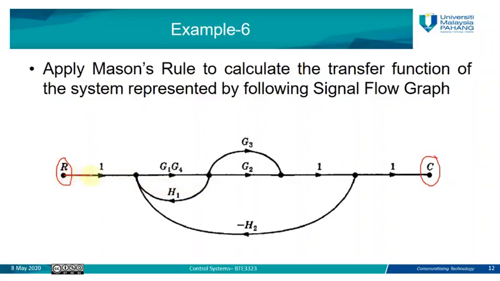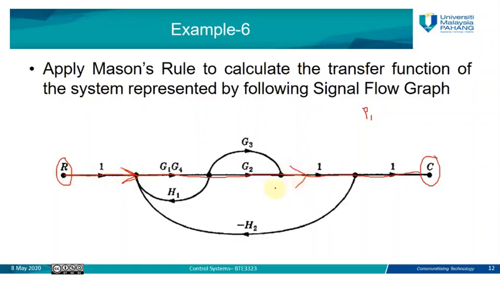This is the first forward path: it goes through this point until this node, again forward, forward, until we reach C. So this is the first forward path, which is T1. Forward means the direction of the arrows in all parts of this path is from input to output.